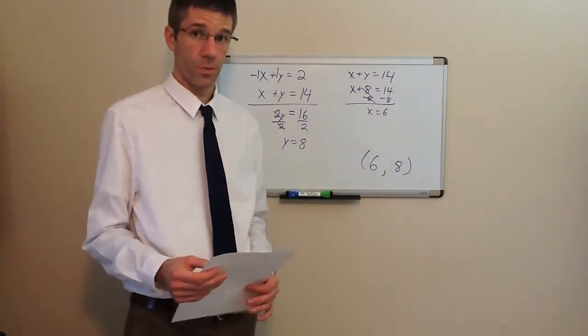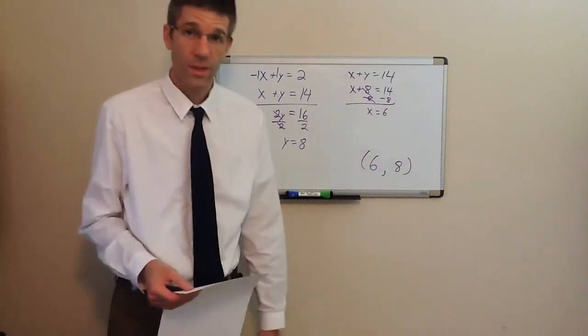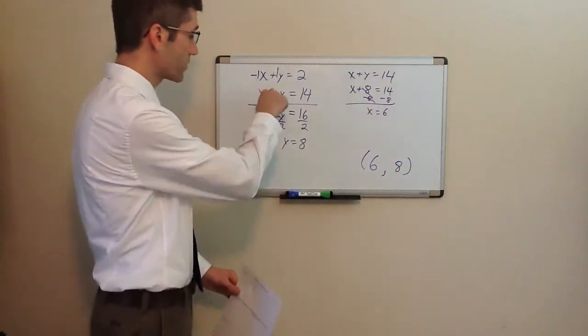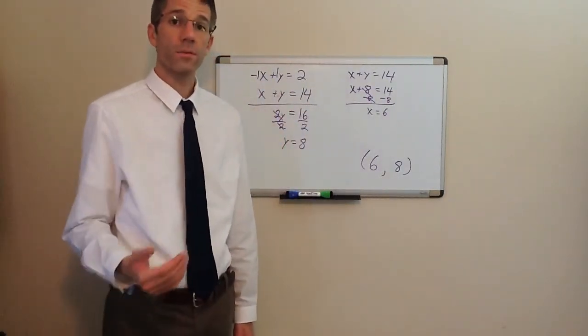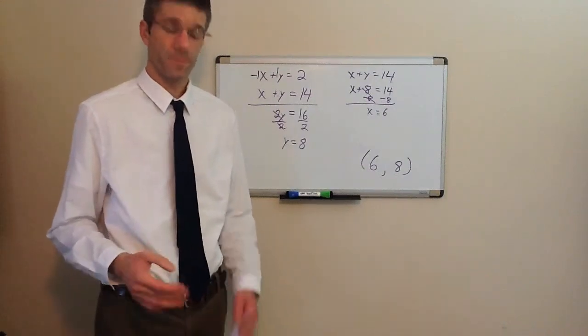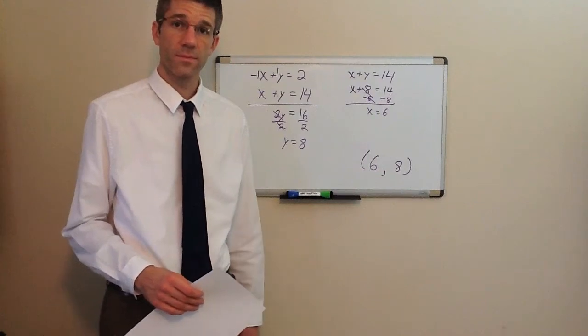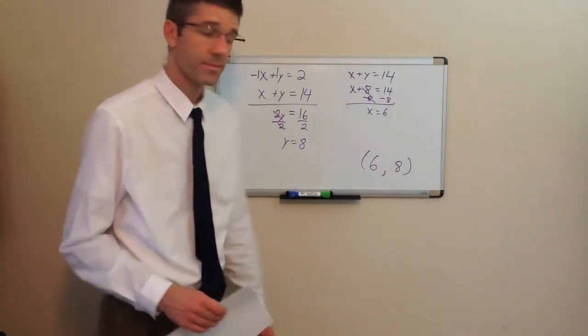Step number 2 is to add the equations straight down. So we're going to add these straight down. And when we do, one of the variables is eliminated. All right? Step 3, solve. Solve what you have.